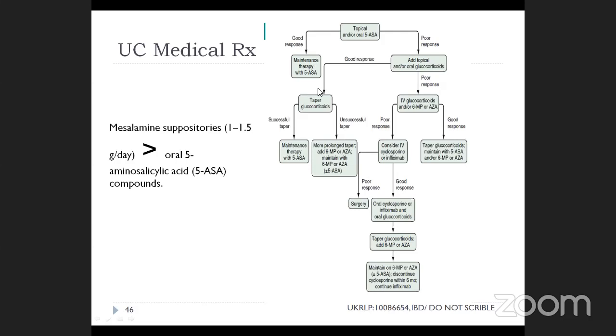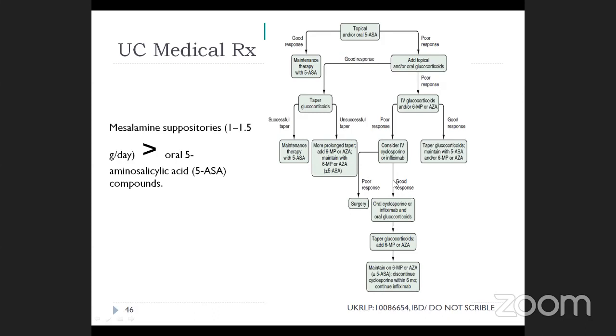Start the patient on sulfasalazine. If the patient is not responding, start on glucocorticoids. If the patient has a good response with glucocorticoids, taper the glucocorticoids and maintain with sulfasalazine. If the patient has a poor response with glucocorticoids, start the patient on purine analogs. If the patient has a good response with purine analogs, just maintain the patient with purine analogs or the 5-ASA.